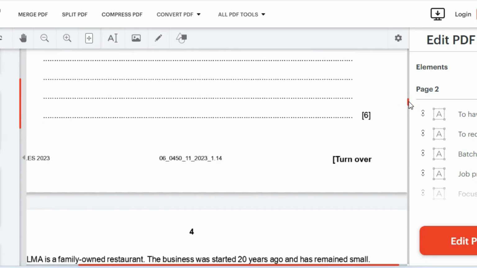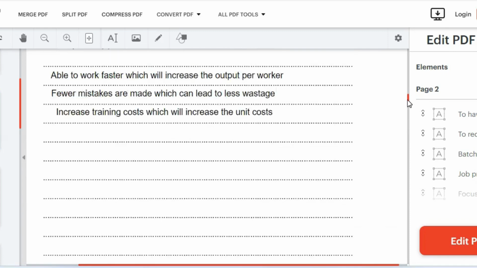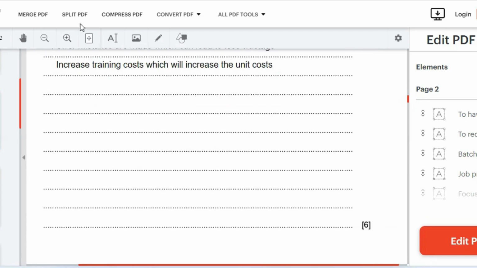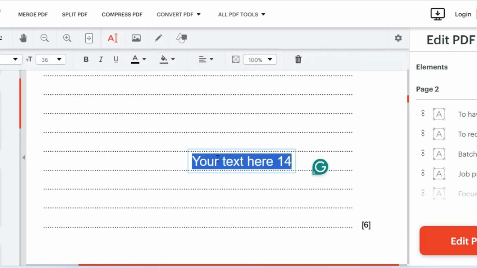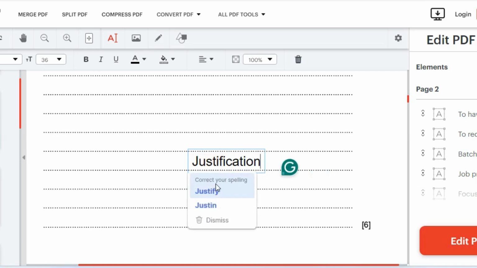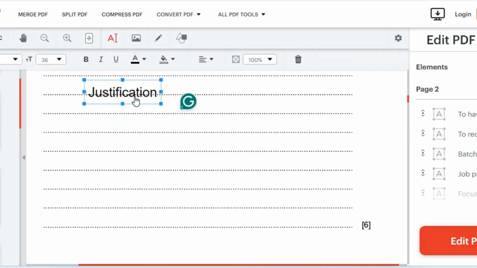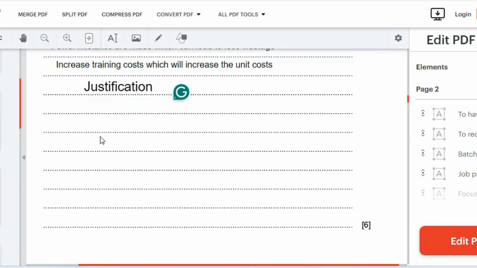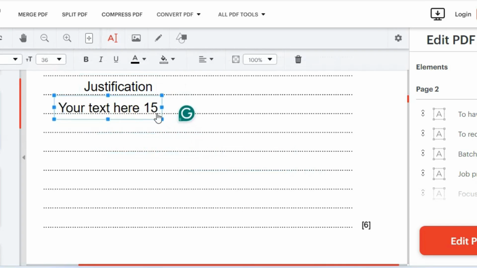Now, to justify your answer here, of course, you have to tell the examiner you really know what you are doing. Let us bring out the justification. As we said earlier, we were just bringing out the points, but when you are justifying, you will also bring some points listed above into your justification.